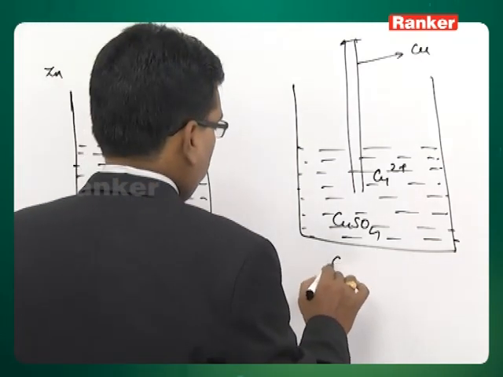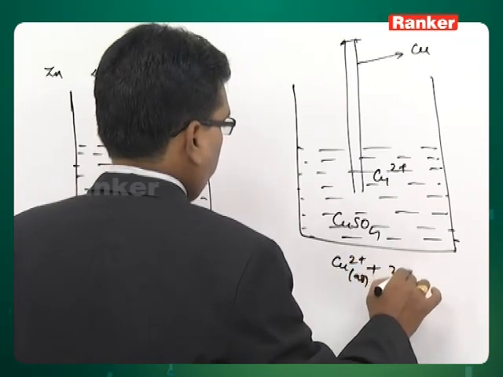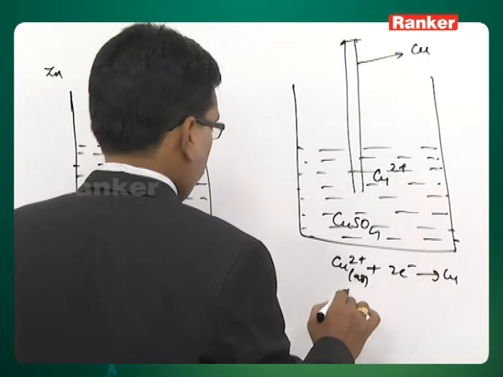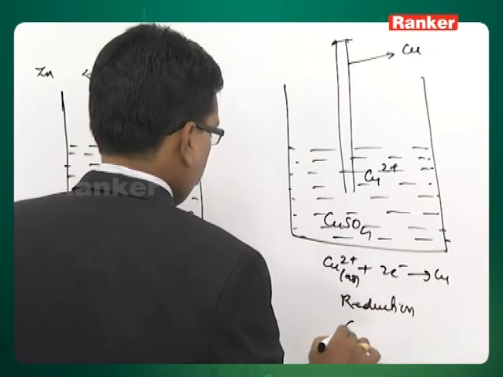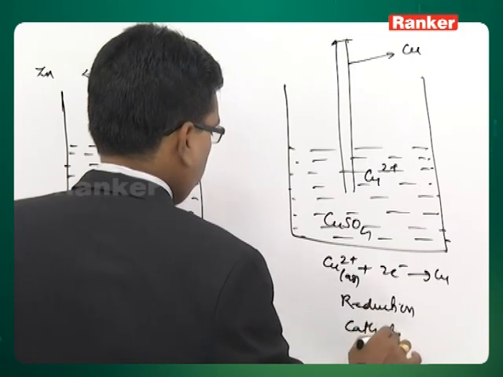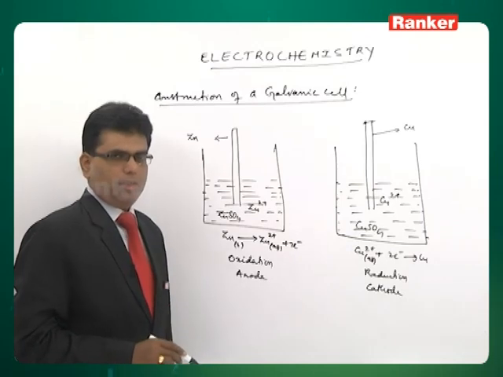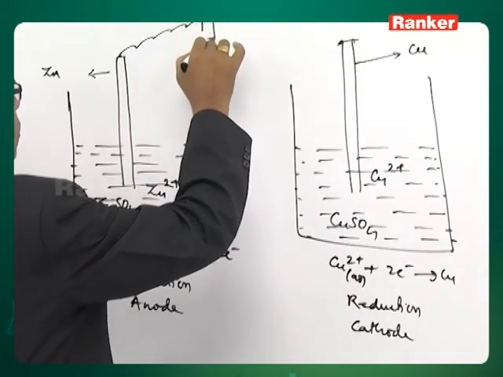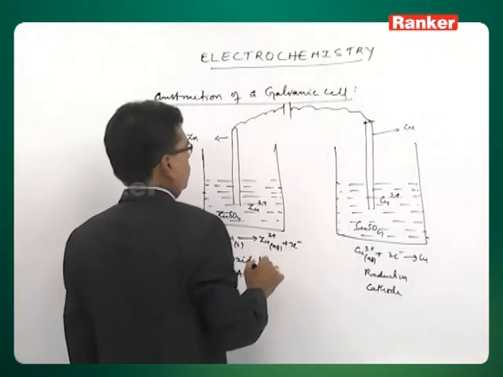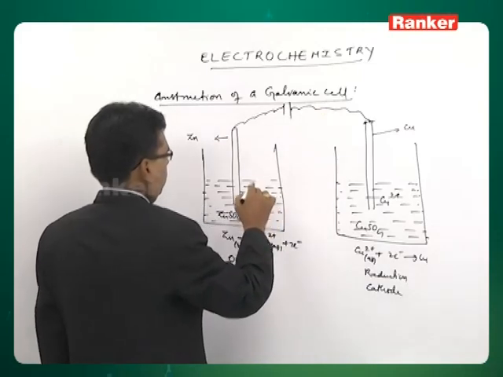And here the reaction is Cu2+ aqueous reduced to Cu. Here it is a reduction, so this acts as the cathode. Of course, the two reactions will take place only when both of them are connected. This will give the connection.